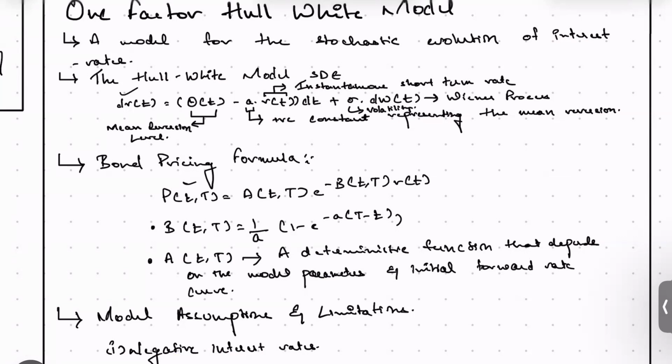And A(t,T) is another deterministic function that depends on the model parameters and the initial forward rate curve. This closed-form solution is essential for calibrating the model's numerical implementation on a tree and for pricing other derivatives.